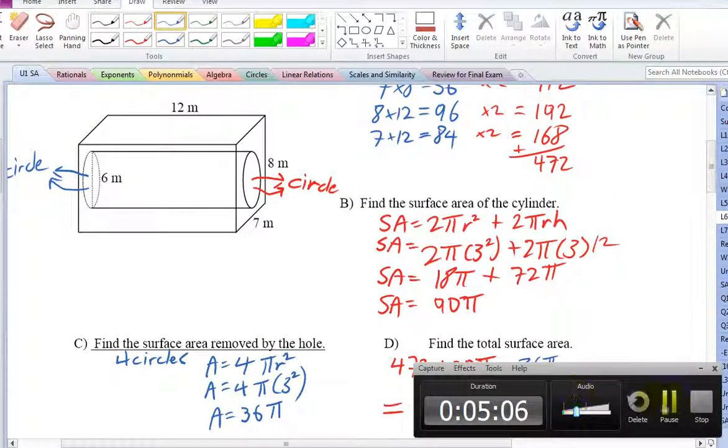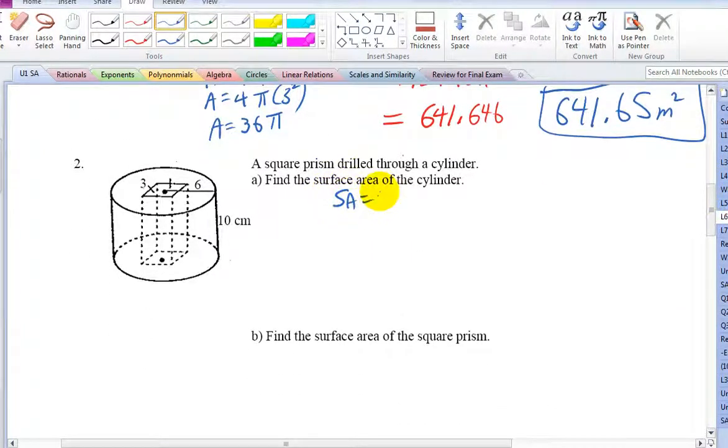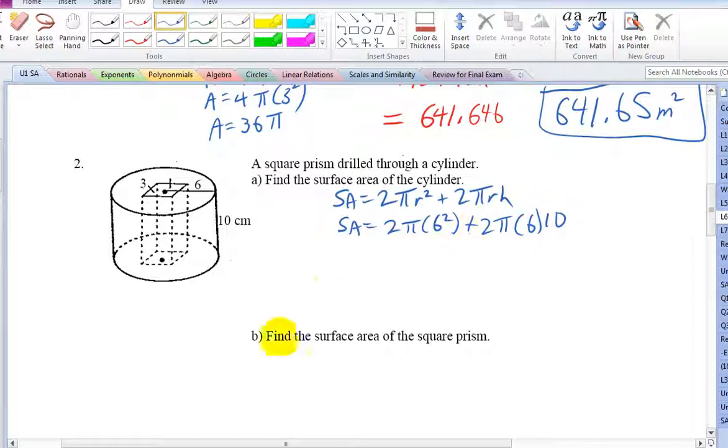I'll show you. So 192 pi, 7 meters squared.